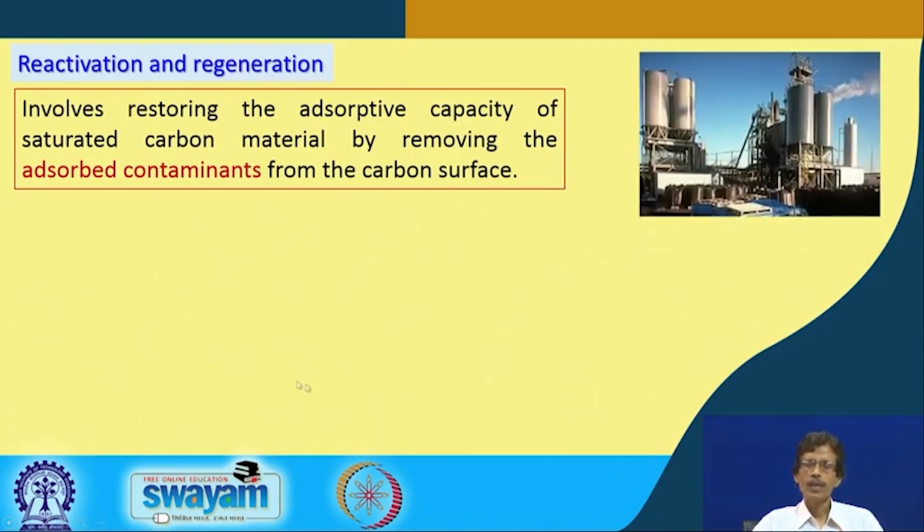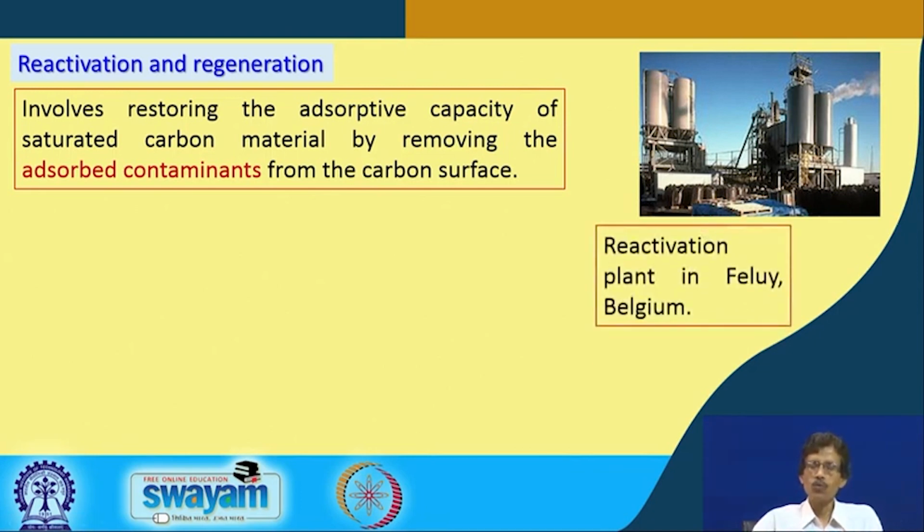Industrially, very big units are used, and tank-like arrangements are also used for the regeneration of activated carbon, because these columns are filled with carbons which have already adsorbed some chemicals or gases or other liquids.